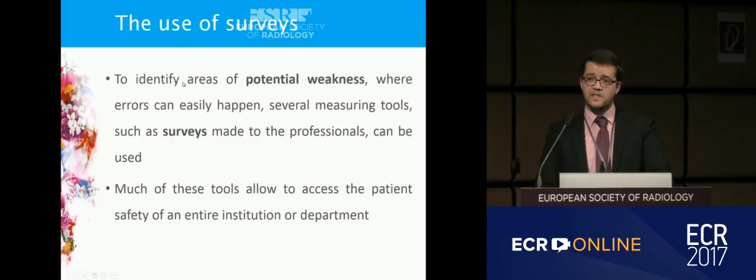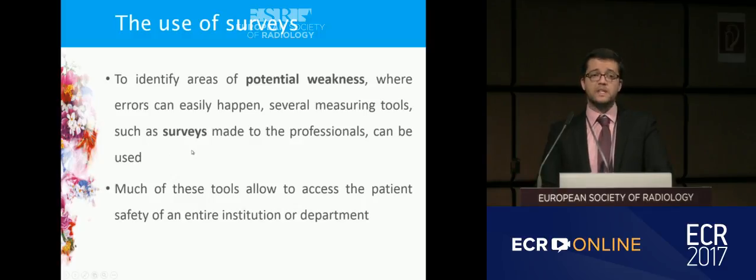The use of surveys can assess potential areas that are weak regarding patient safety. These areas are where errors can easily happen, and there are several measuring tools to assess the several dimensions of patient safety. Of course, we can create a better survey, but it's difficult to create a survey.